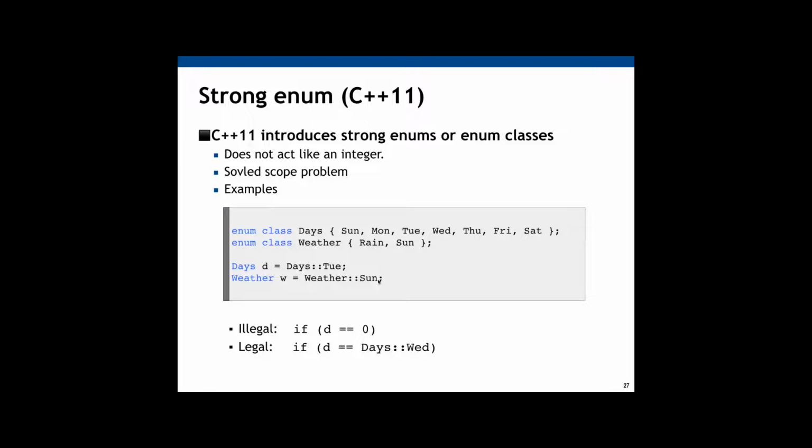It stores this sun, and it's illegal to compare this variable with an int value because strong enum does not act as an integer. So it cannot be compared with an int value, but it can be compared with the constant values in the strong enum type. So this is legal.